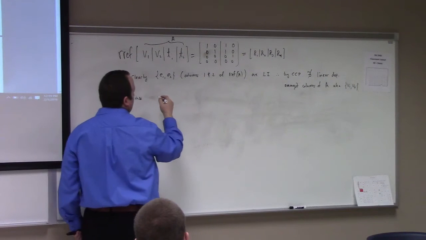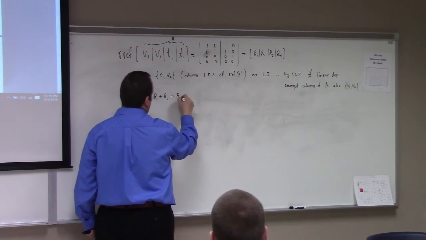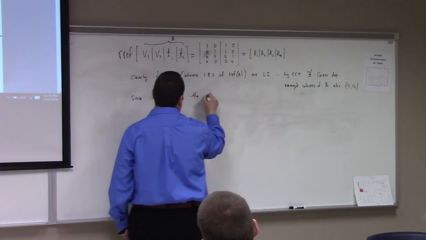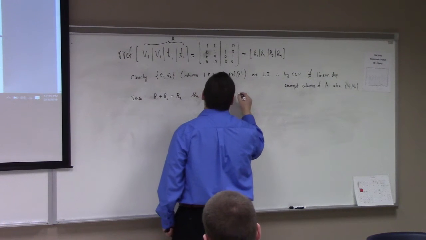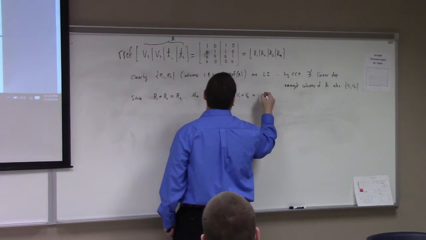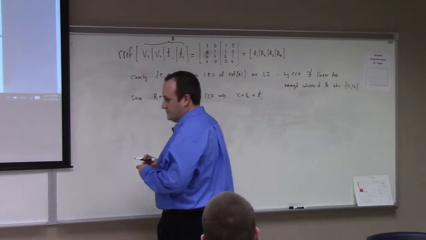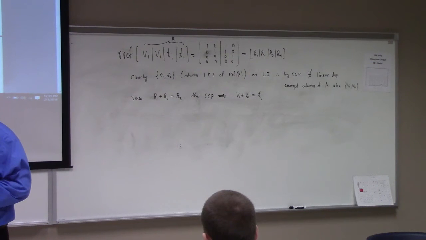But since R1 plus R2 is equal to R3, the CCP, the column correspondence property, some people call it the linear correspondence, implies that V1 plus V2 is equal to T1. There's another example. There's really no calculation to do. It's just by inspection and my knowledge of the theory.